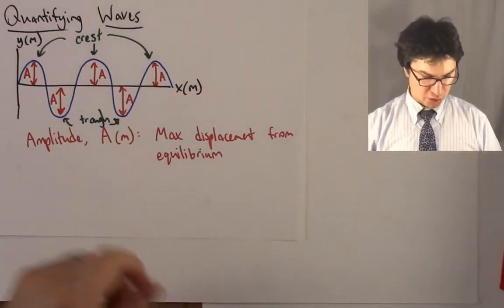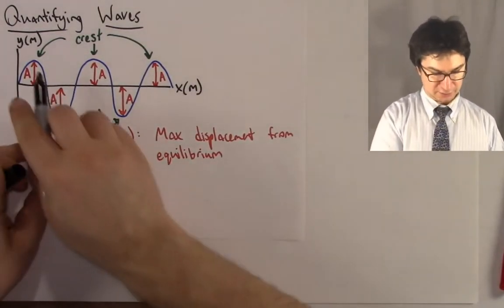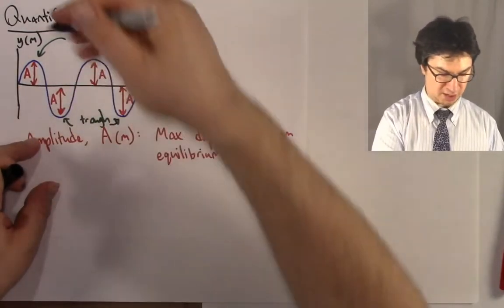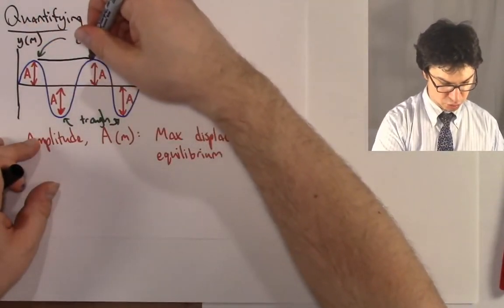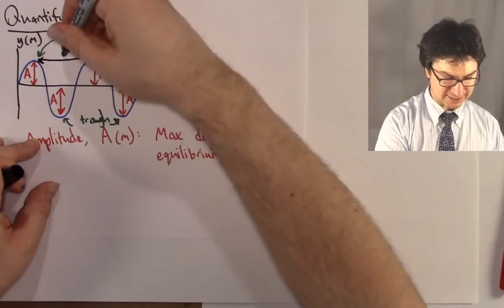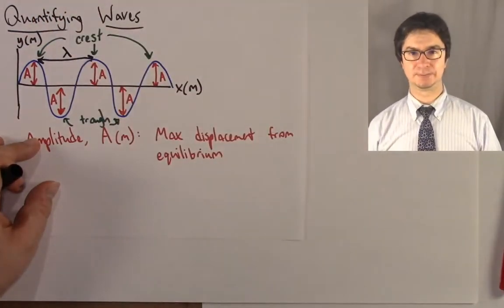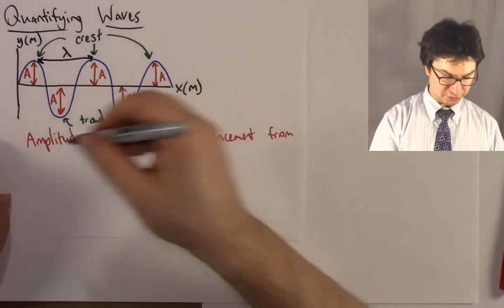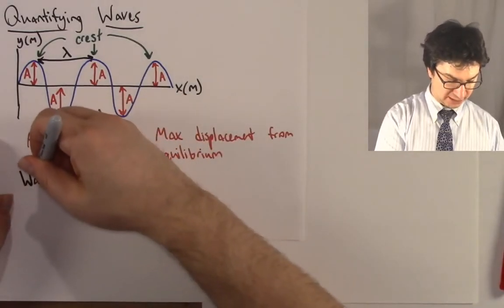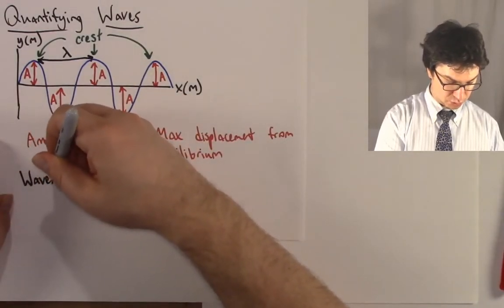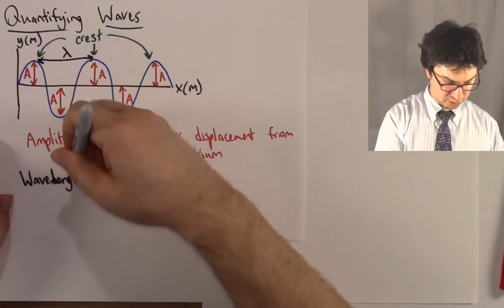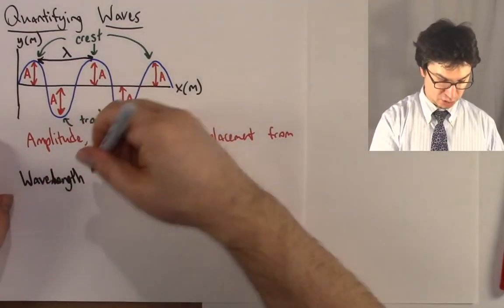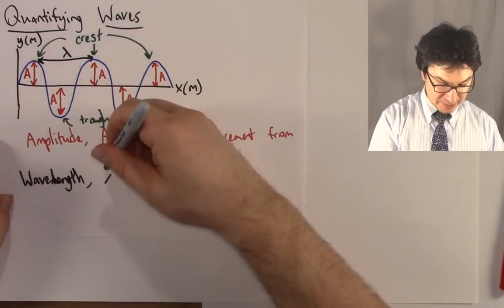Now, if we measure the distance from one crest to another crest, we would call this distance lambda. That's the wavelength. So let's write this down. The wavelength is lambda.